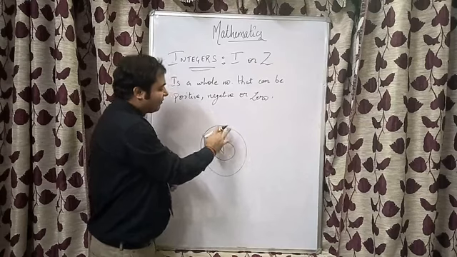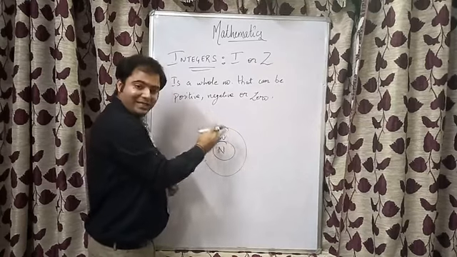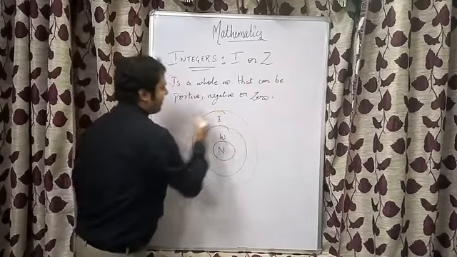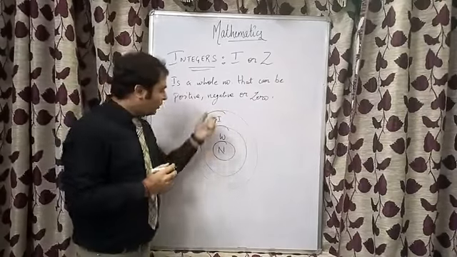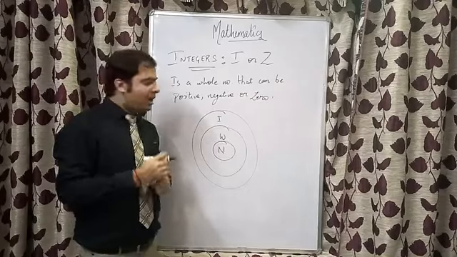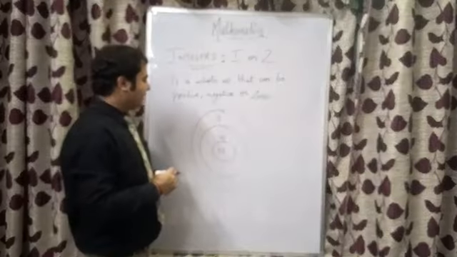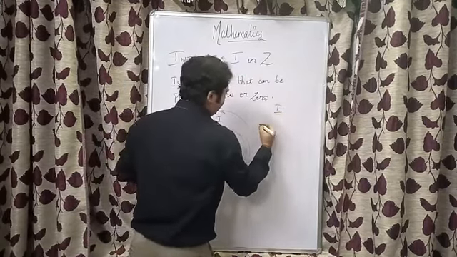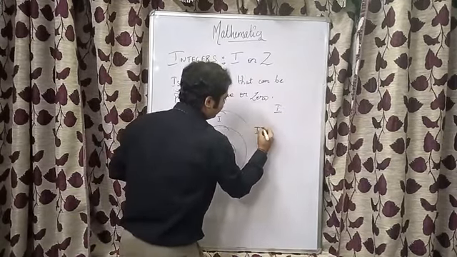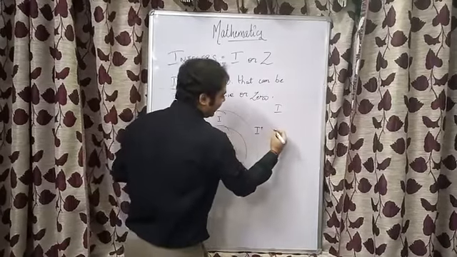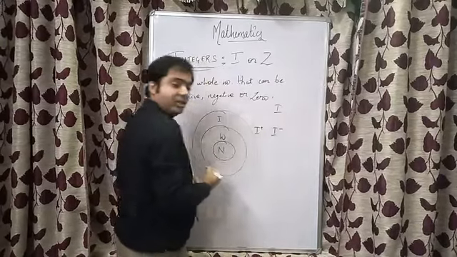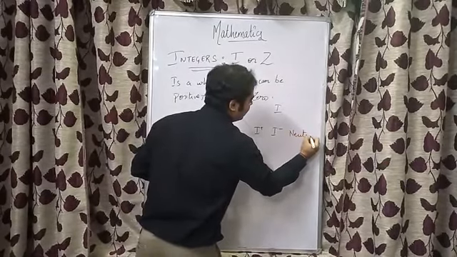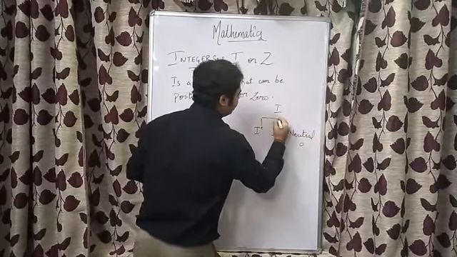So when we add negative counting numbers to this particular set, we'll get integers, right? So what we can conclude from this is an integer can be of three types. First, it can be a positive integer. Second, it can be a negative integer. And third, it can be neutral in nature, that is 0.